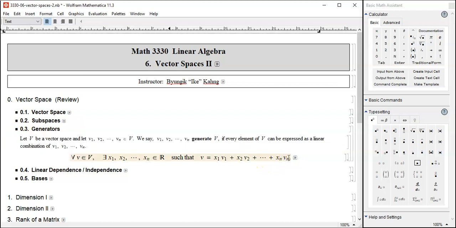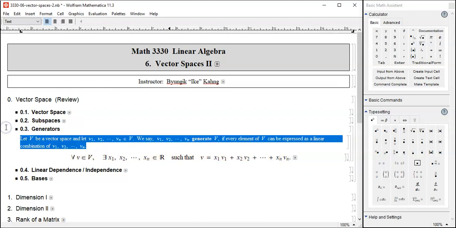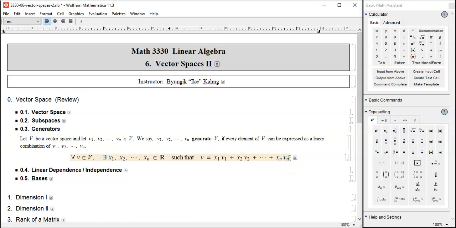Anyway, let's come back. For arbitrary vector V from capital V, the vector space, there exist some real numbers x1, x2, all the way up to xn, such that the vector V can be written as a linear combination x1 v1 plus x2 v2 plus all the way up to xn vn. It's the same as previous verbose expression in a lot more concise form.